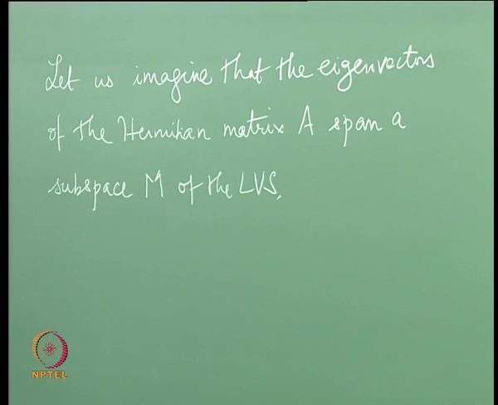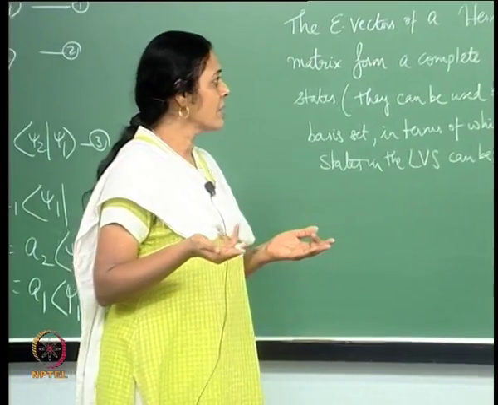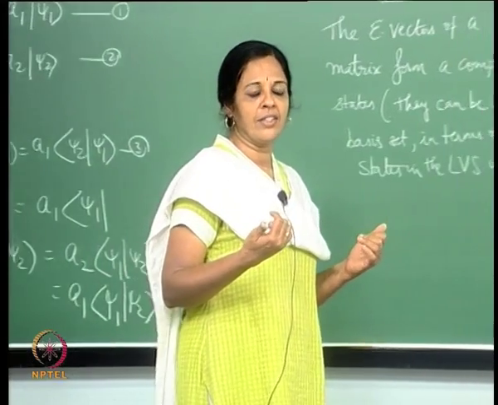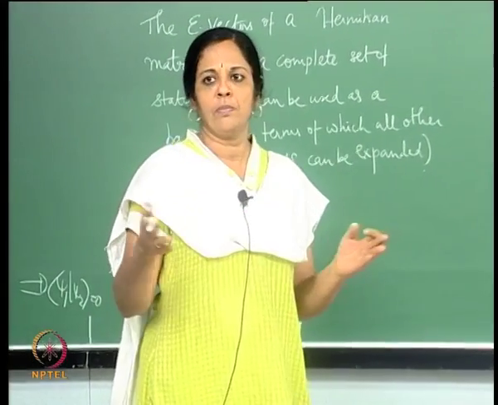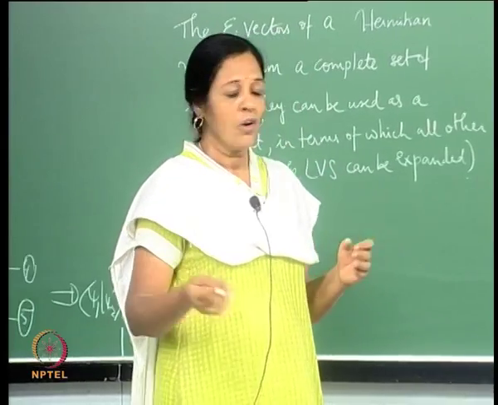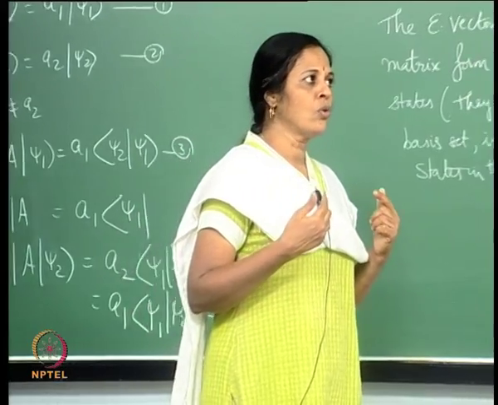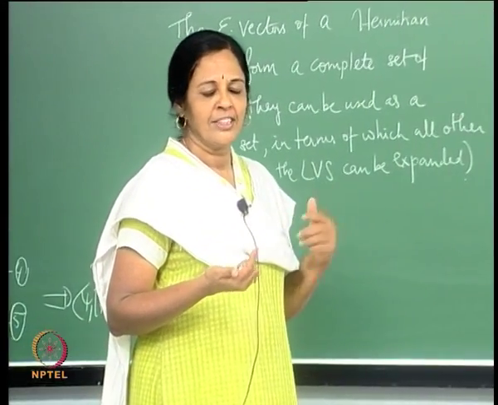In other words, we are now saying that let us imagine that the eigenvectors do not span the entire linear vector space. All states in the linear vector space cannot be expanded as a superposition of the eigenvectors of the Hermitian matrix. The idea is to show that there is a contradiction if we imagine so.